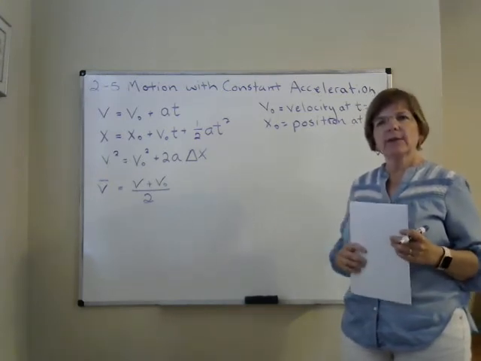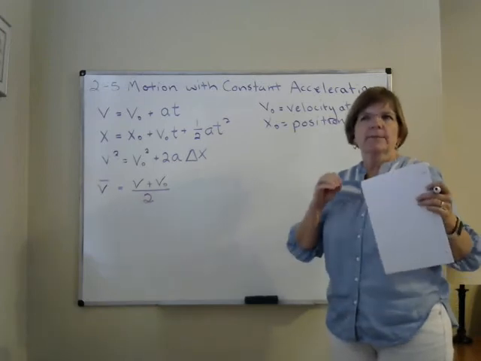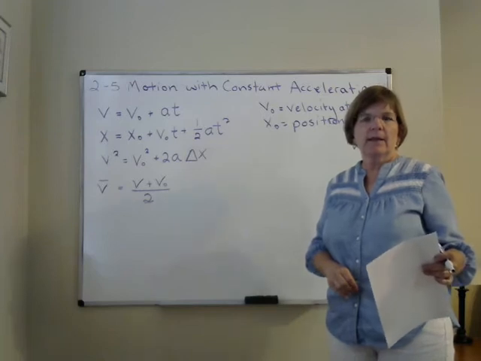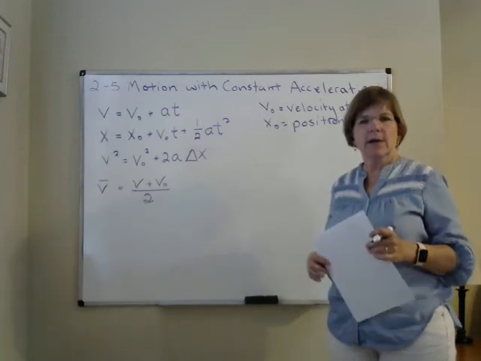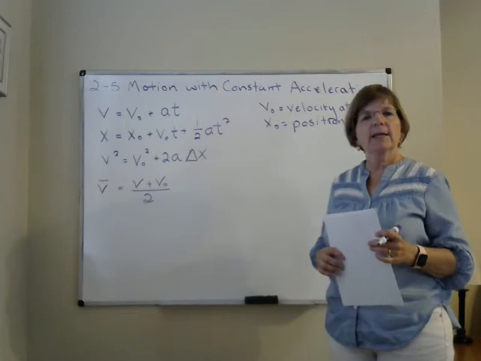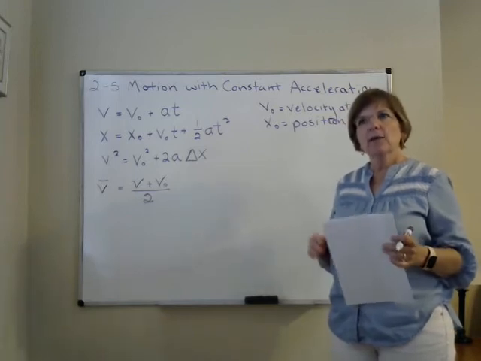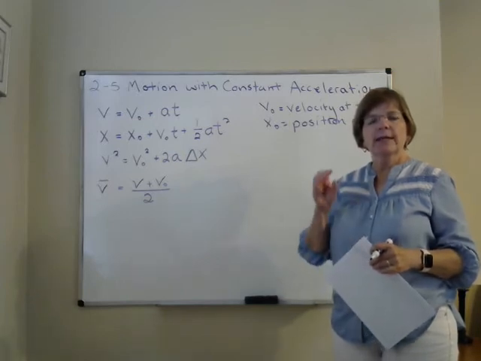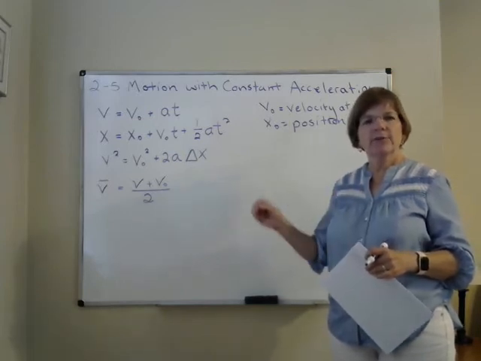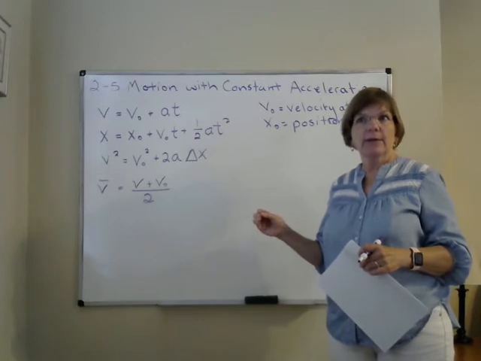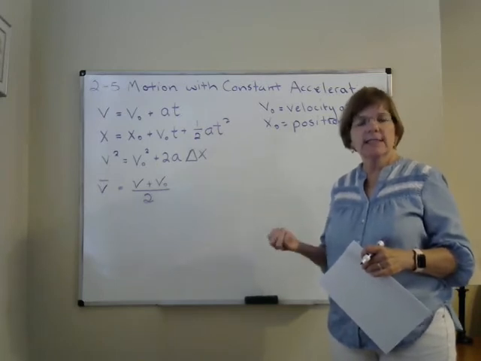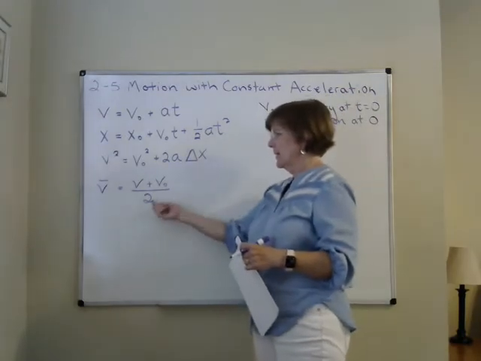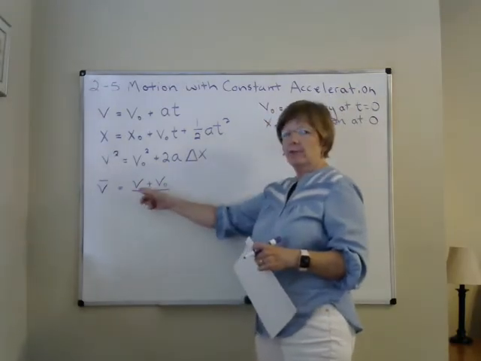Assume you accelerate from a constant speed of 10 miles an hour up to 110 miles per hour at a constant rate. Well, if you think about it, what would be your average velocity if you went from 10 to 110? 120 divided by 2 is 60. This just gives you the speed exactly in the middle of your initial speed and your final speed.